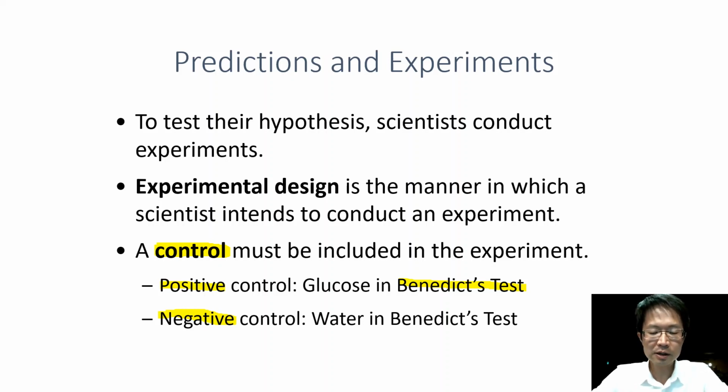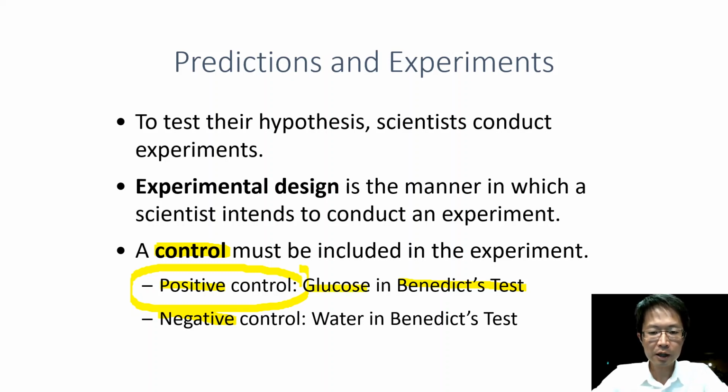So in this case, if you put glucose directly into the Benedict test solution, it will for sure give you a positive result. That's why we call this a positive control, because glucose will give you a positive result.